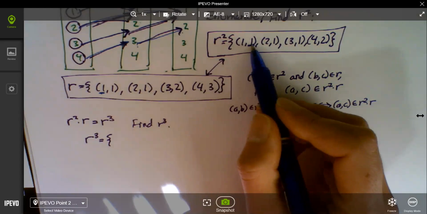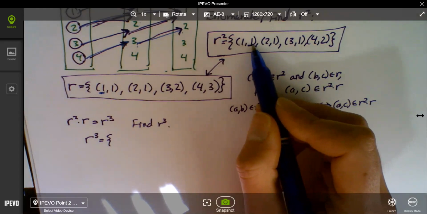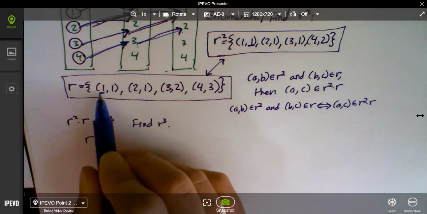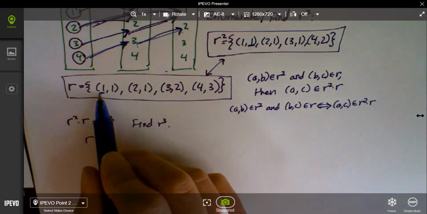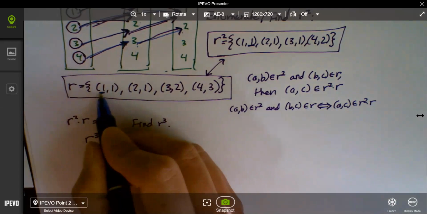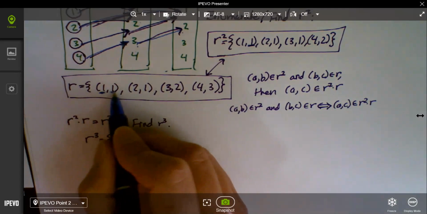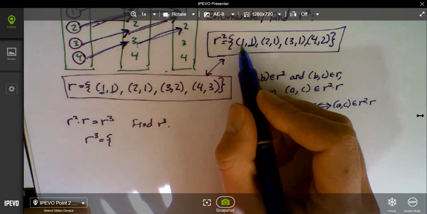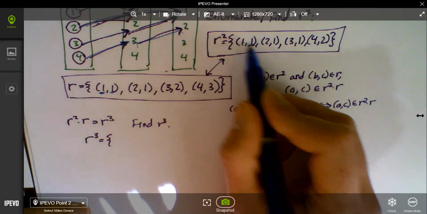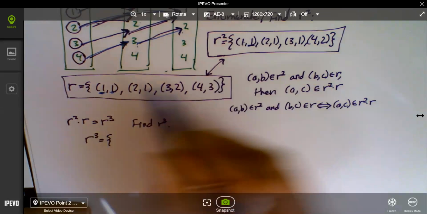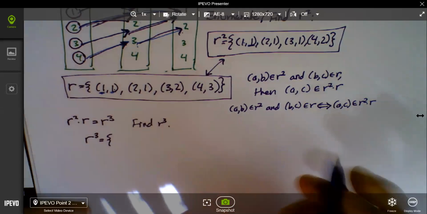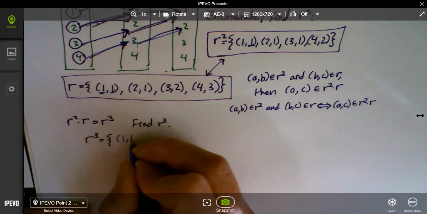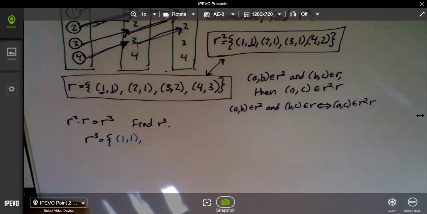If I look at (1, 1), 1 is the second element in the ordered pair, and I look for an ordered pair in set R that starts with 1. (1, 1) is that ordered pair in set R. So you can think of it like this: 1 goes to 1 in R squared, and 1 goes to 1 in R. Therefore, (1, 1) is an element in R cubed.